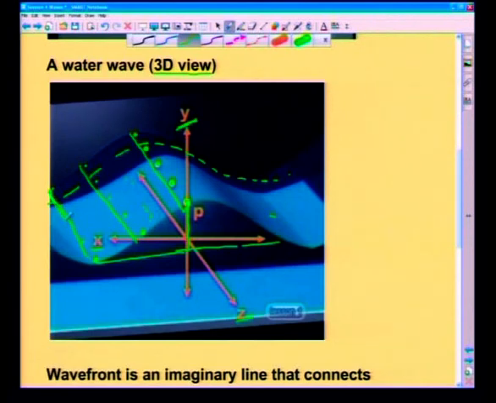So in that way, we say that these points of the wave are in phase. Now we'll talk more about what we mean by waves being in phase, or points in a wave being in phase, as we move on.